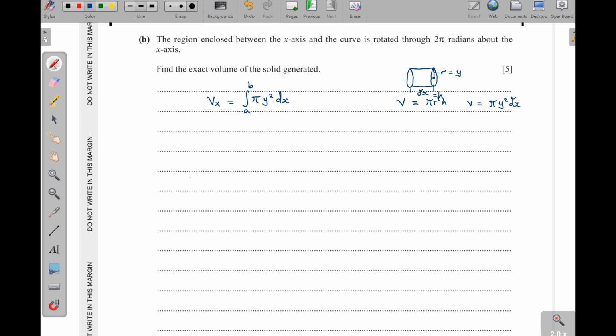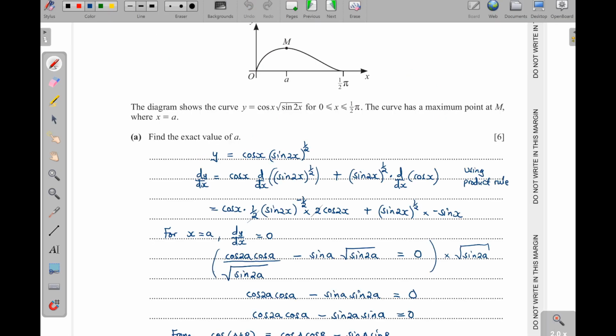So our volume here is now going to be, we are integrating from, they said the region enclosed between the x-axis and the curve. When we check here, the x-axis and the curve, that is from 0 to pi over 2. Not so? From 0 to pi over 2.